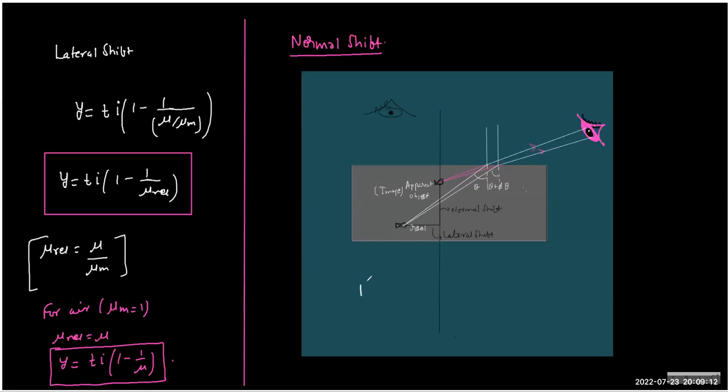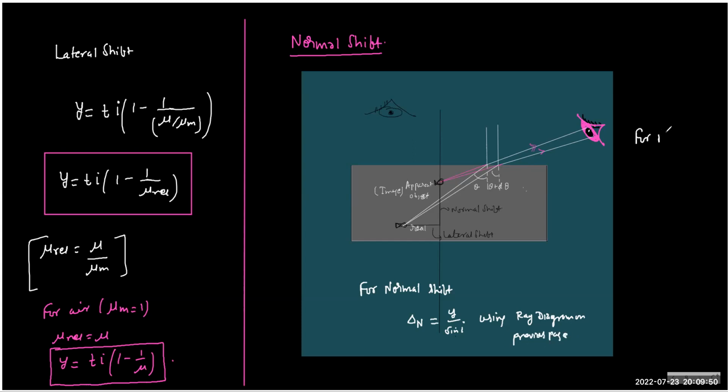I will also derive the normal shift in a different way, but that is using lateral shift we can find an answer. So for normal shift, the delta n turns out to be y upon sine i, using a ray diagram on the previous page.